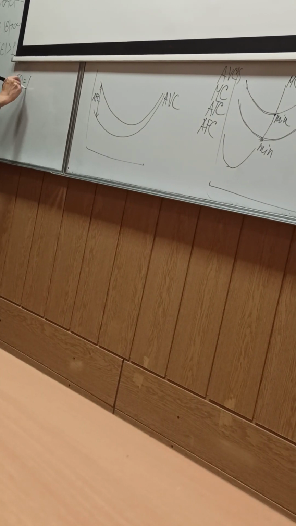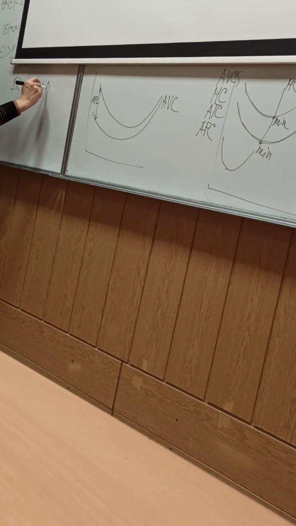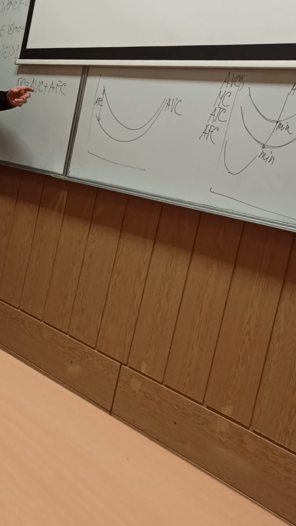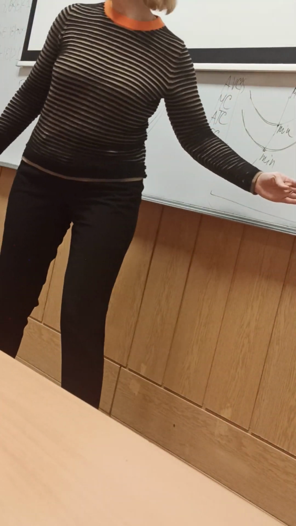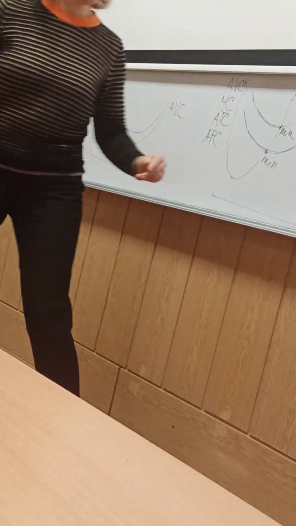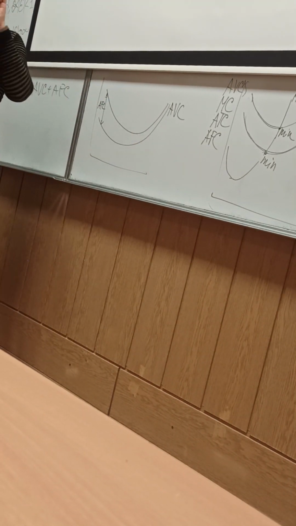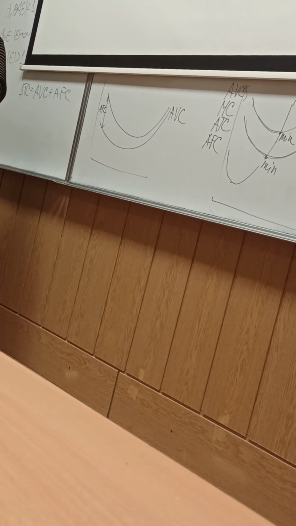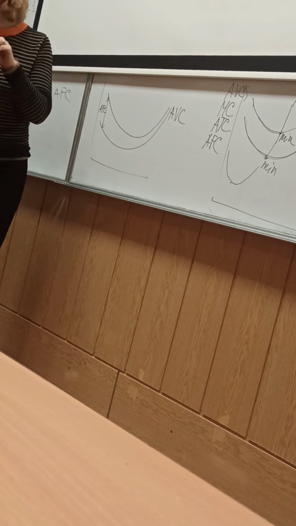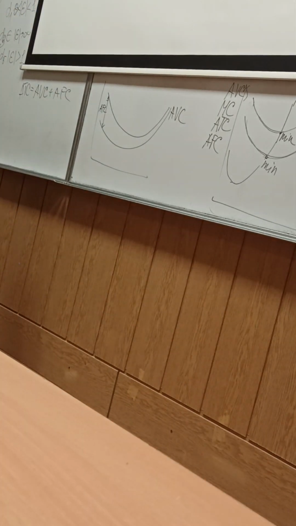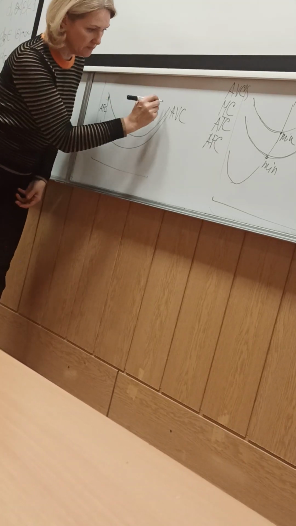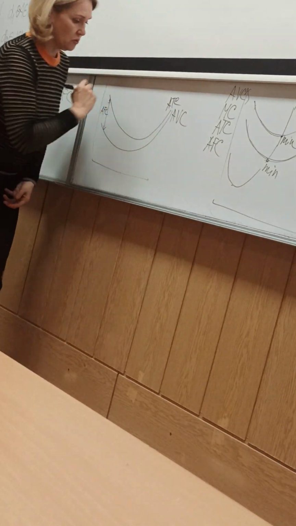Average total cost equals average variable plus average fixed, and because fixed cost per unit goes closer and closer to zero, the difference between average total and average variable becomes less and less, never equal, but close to zero at the end.